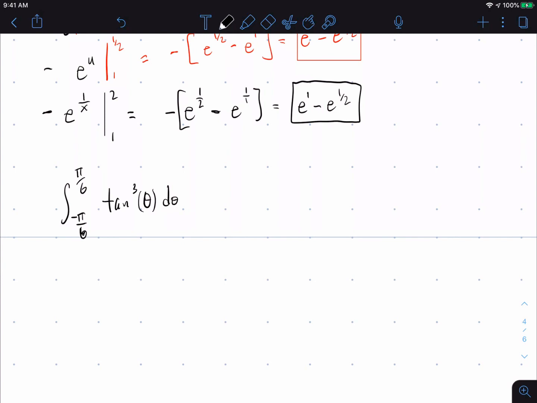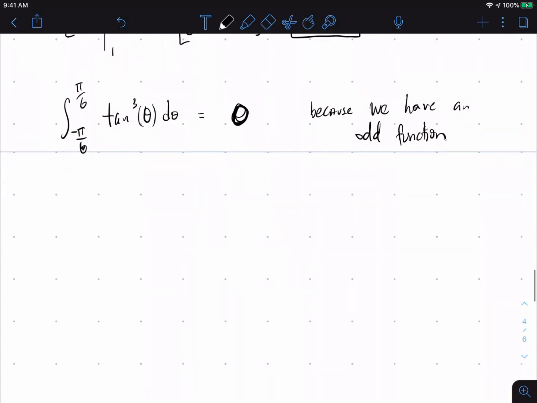And since they're both odd, we know that this is going to have an answer of 0. And the reason is because we have an odd function. Okay?